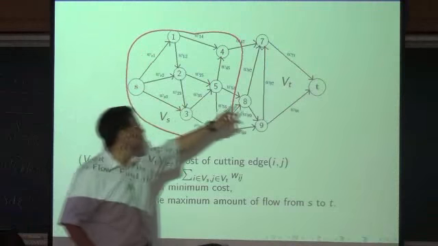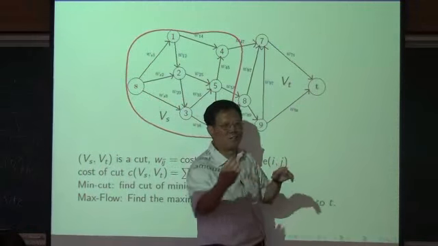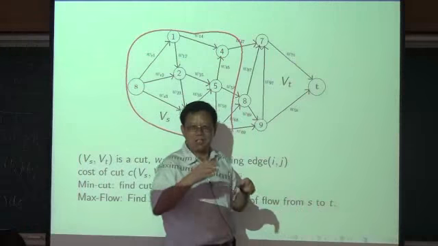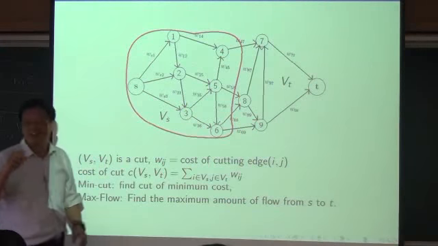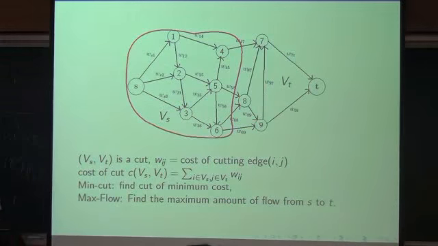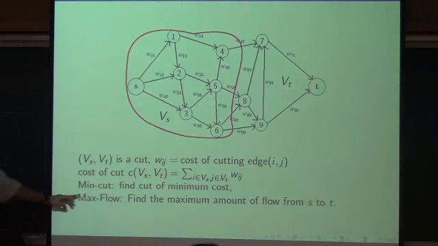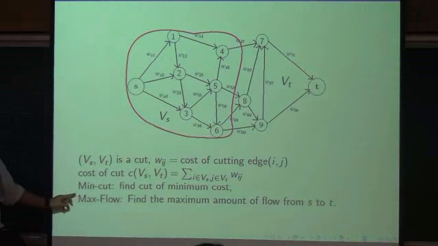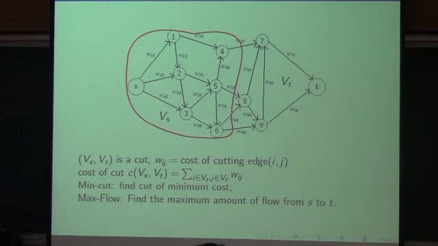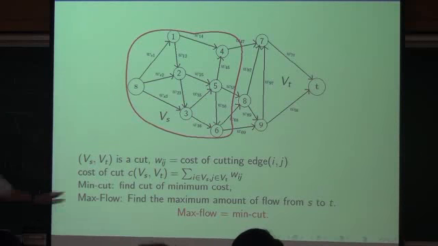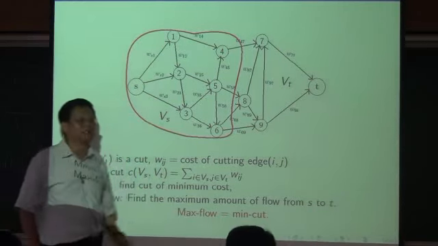If you increase the pressure here, maybe more flows out. At one point, even if you increase the pressure, you don't get anything more out. That means you have a maximum amount of flow. So there are two problems: one is the so-called min cut problem, and the other is the max flow problem. And those two problems are equivalent. The max flow equals the min cut.